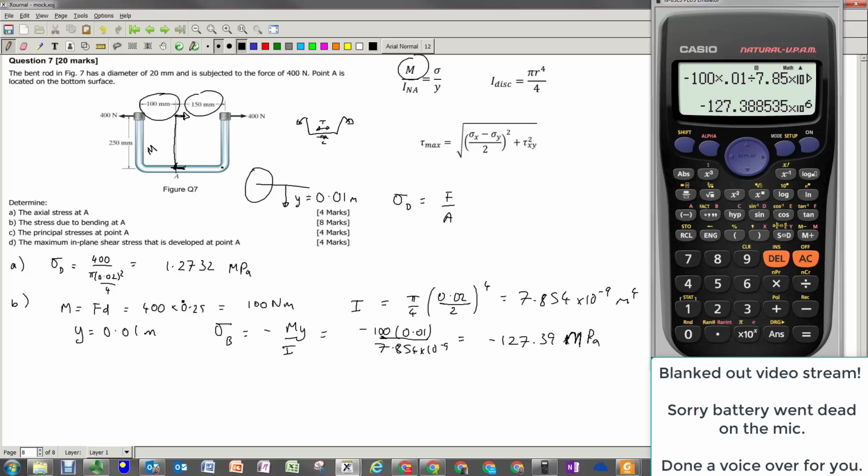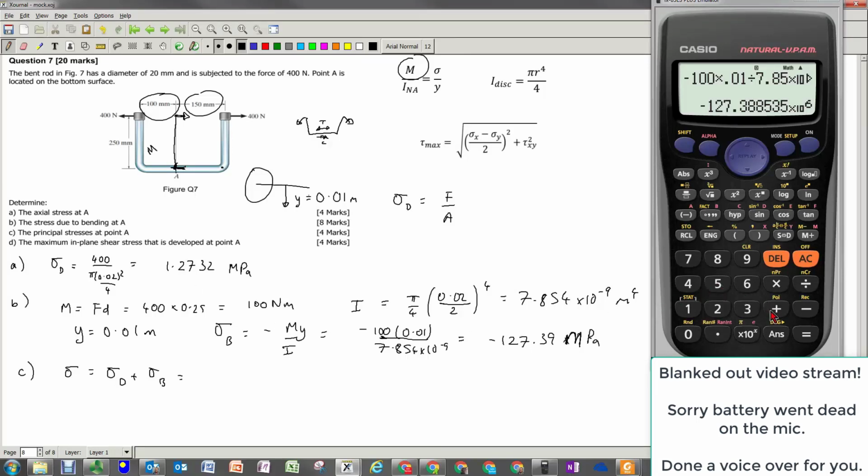So now I've got my direct stress and my bending stress. I've been careful with my signs. I've made sure that they are the correct values. So to work out the principal stress, well, I can't actually see any other stresses going on. I've basically got this bending stress which is trying to squash it, and this direct stress which is trying to pull it apart. I'm just going to add those two stresses up, and that will be my first principal stress. There's no twisting going on here, and there's no shearing going on here, so the other stress term will have to be equal to 0.